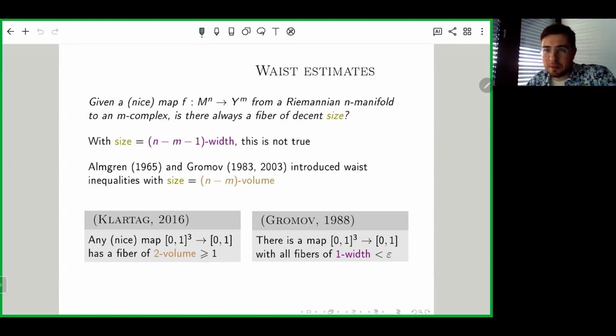Those proofs, though, are very, very involved. If you measure the volume of fibers, then there are several celebrated theorems, many of which are due to Gromov, which say yes, there is always a fiber of large volume.